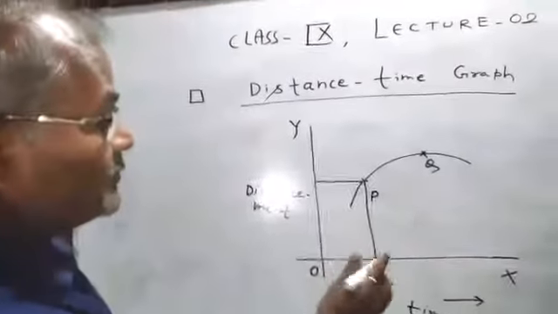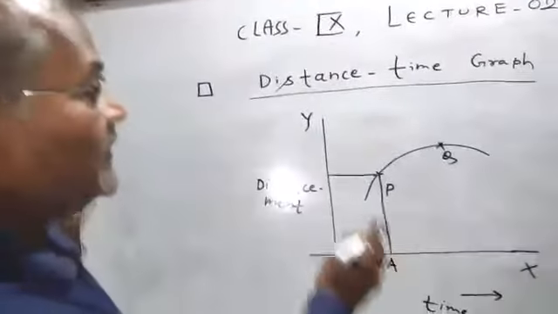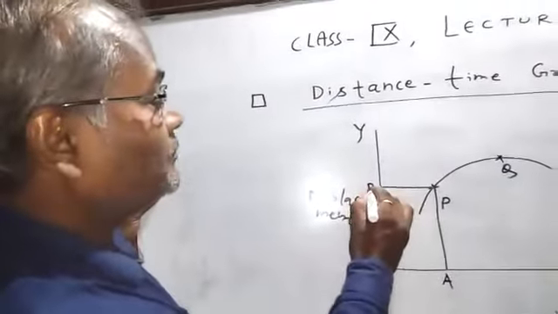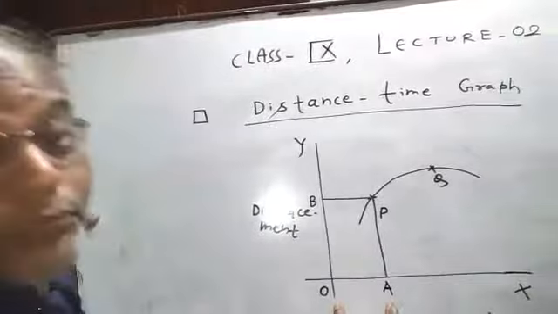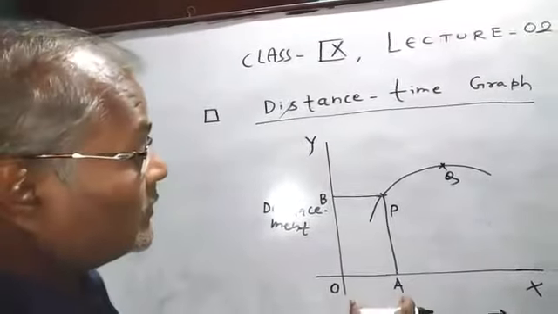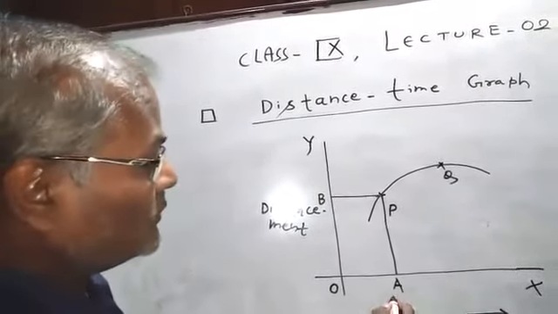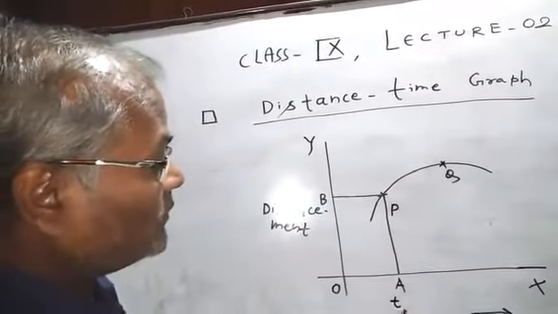Let us suppose they meet at point A and point B. So the length OA will represent the time T1.